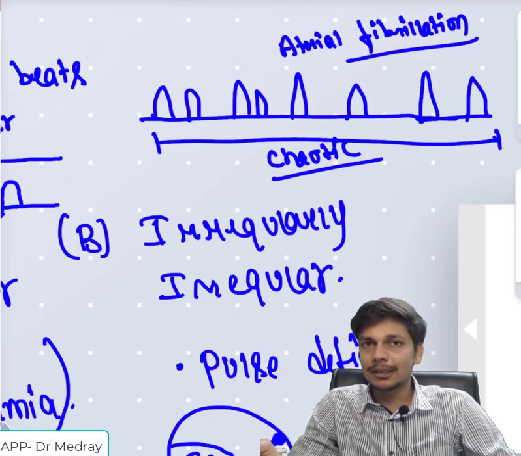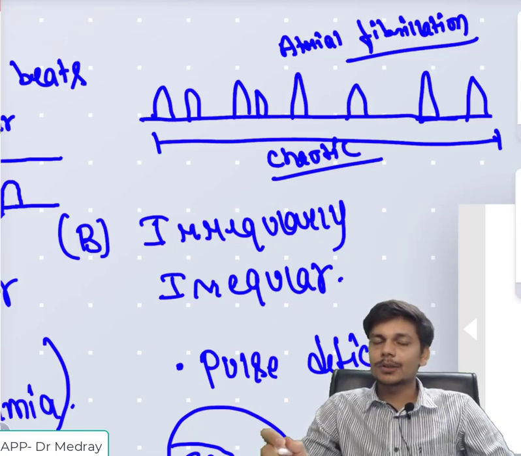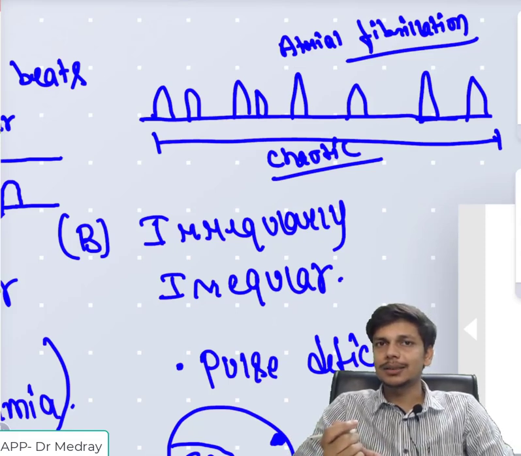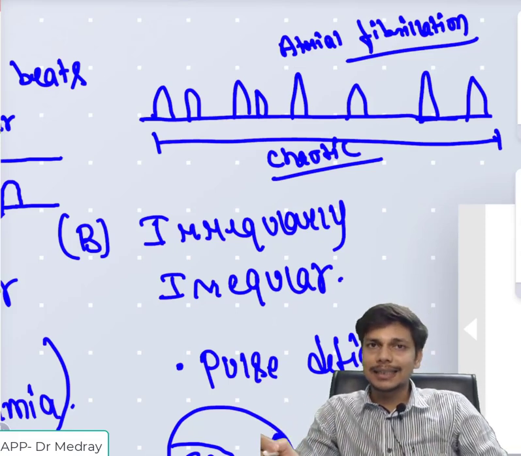So if the patient is having an irregularly irregular pulse, one condition is atrial fibrillation. So when you are getting an irregular pulse, always think of atrial fibrillation.